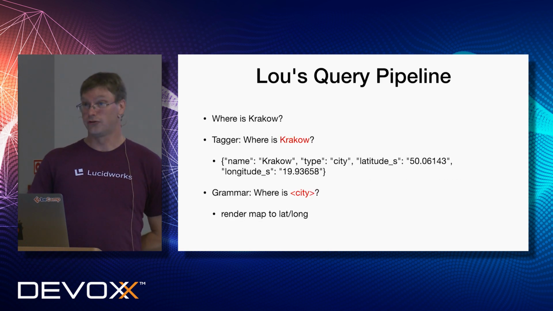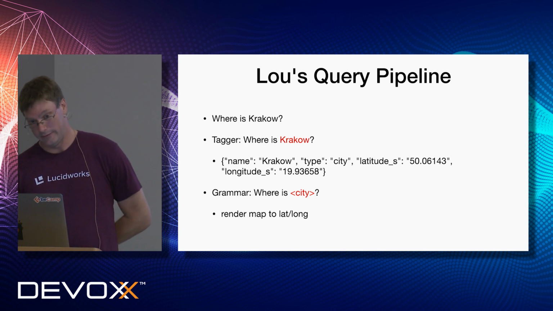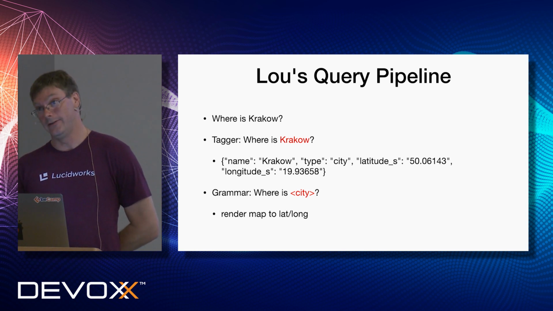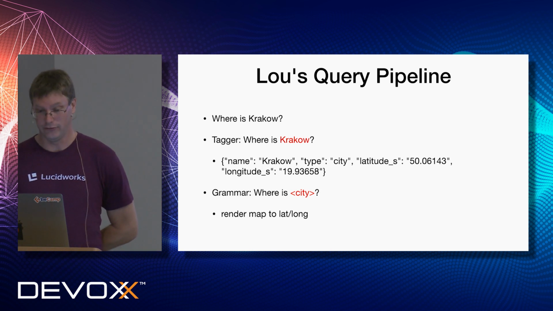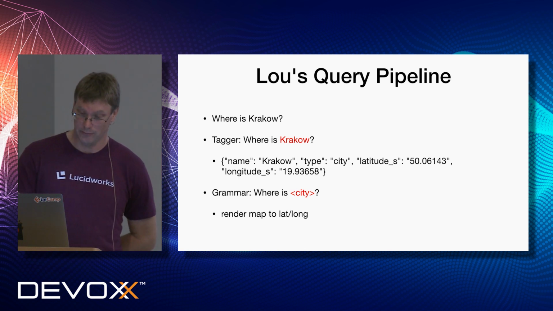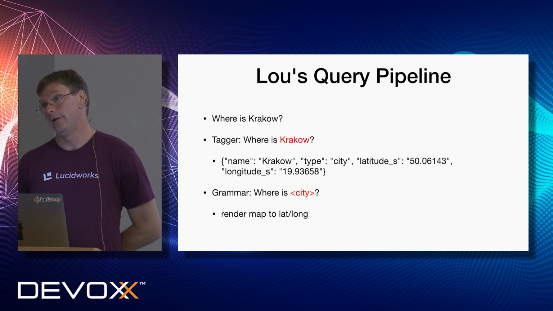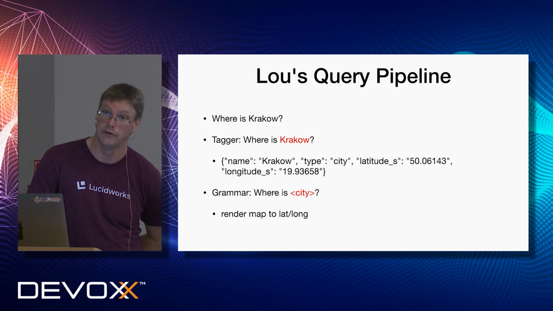And this is describing what I described there. Where is Krakow? It's tagged, and it's got a Latin long and a population. I should have put the population on there, but I'm actually, where is city? So I generalize that query, and then I render the map of the city that was returned.